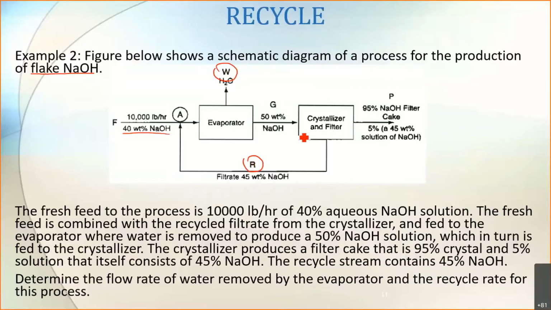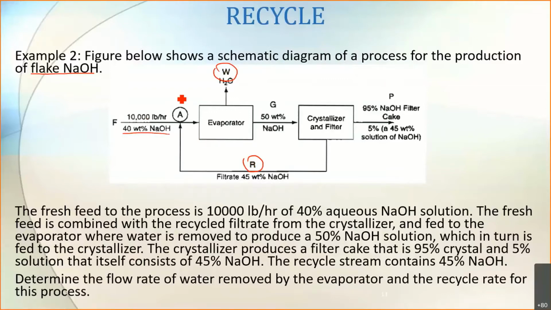Okay. So if, for example, you are given this question in your final test or any other situation, most of the time this flowchart, the process flow diagram, will not be given to you. But since this is an example, I'm giving you this process flow diagram.